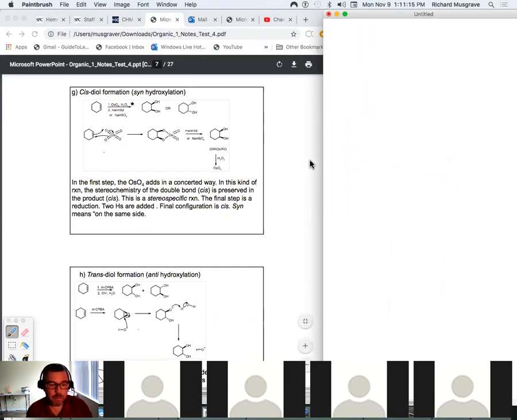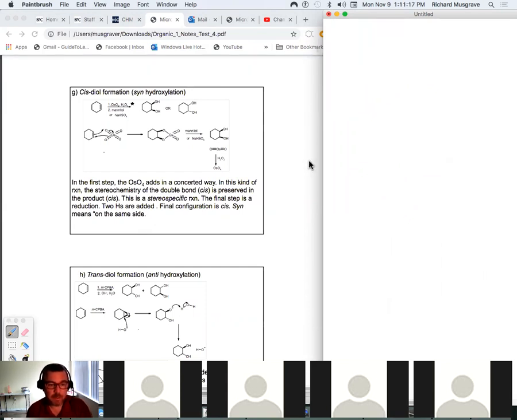I'm going to show you two reactions here that result in what we call diols. Diols are compounds that have two alcohol groups, di for two, ol for alcohol. As you can see in both of these slides, I've got them juxtaposed.